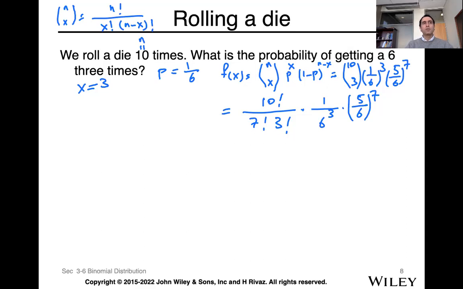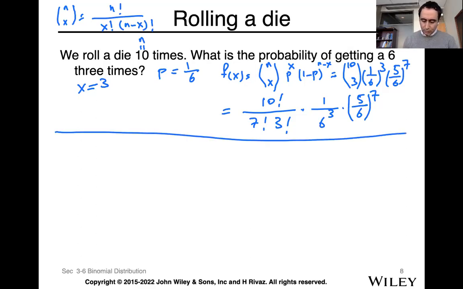If you have no idea where the equations came from, it will be hard to know which one to use. So to find out where this equation came from, let's solve this other question. We roll a die 10 times.